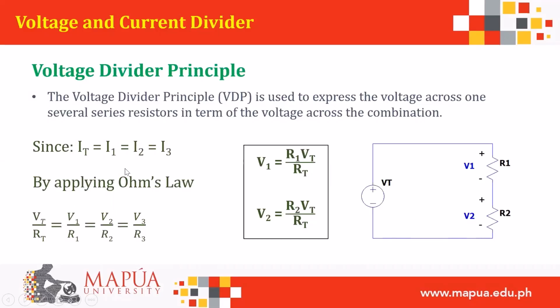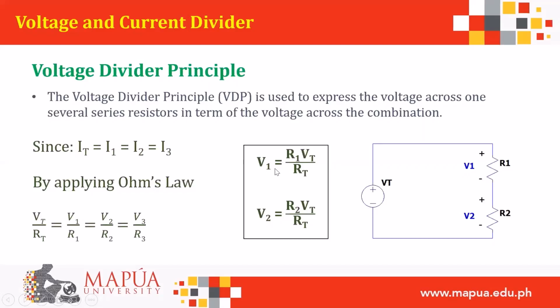Using this advantage, we have here our general formula for solving the voltage drop using voltage divider principle. It's the ratio of the resistor involved over the sum of the resistances, multiplied by the total voltage. For example, we're looking for the voltage across R1, which is V sub 1.